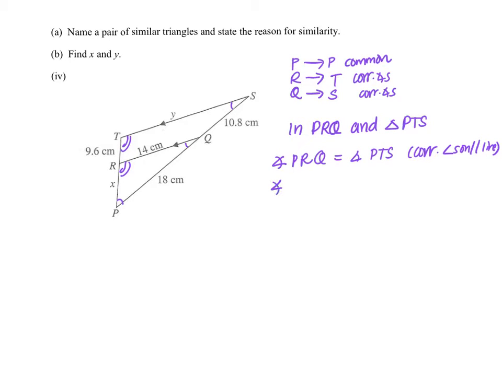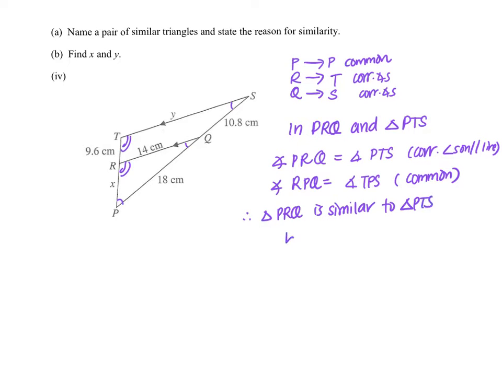Okay, and then maybe I'll choose one more angle, RPQ with angle TPS. This is a common angle. So therefore, triangle PRQ is similar to triangle PTS by the AAA property.